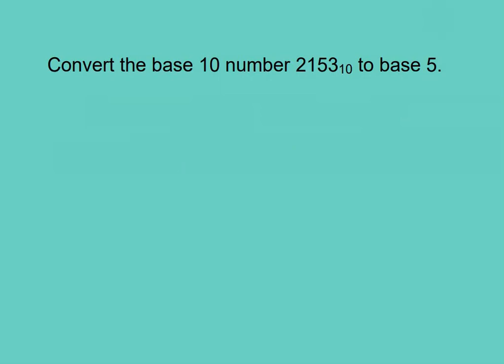The first thing we want to do is divide by some power of the base that we're converting to. So let's see what the powers of 5 are. We want to divide by the biggest power of 5.